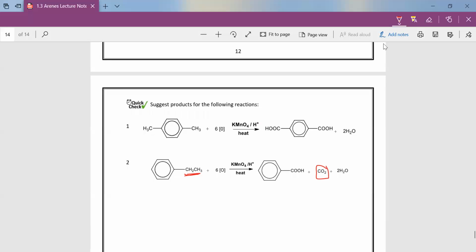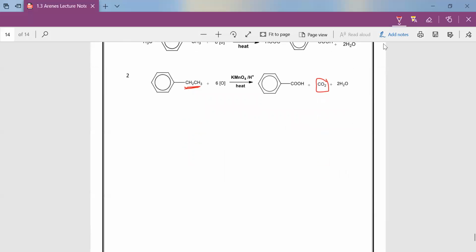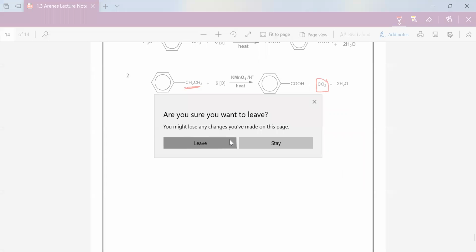All right. So that's it for the lecture part. It's pretty short. Let's go ahead and look at the MCQ part.